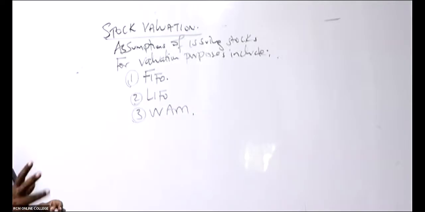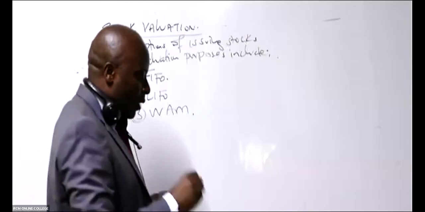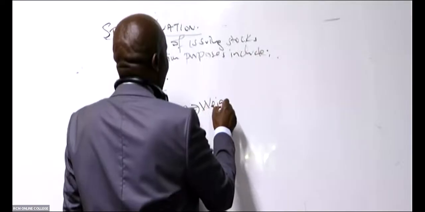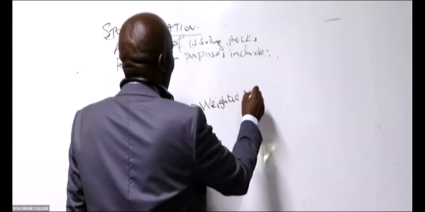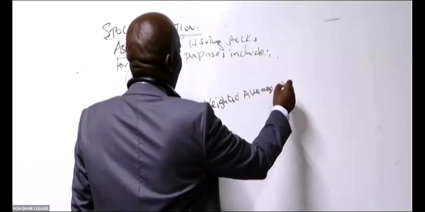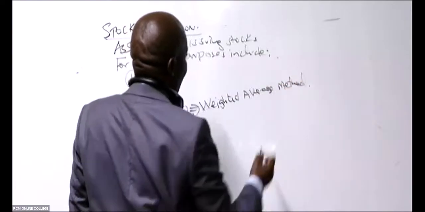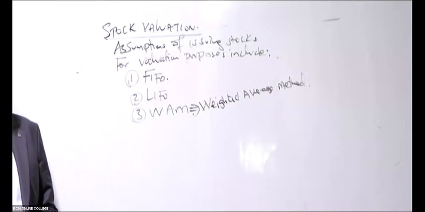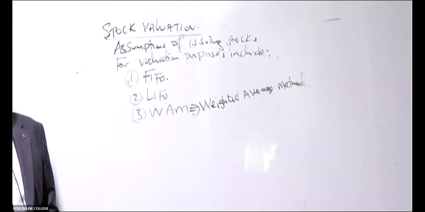LIFO is last in, fast out. And then we have WAM. WAM is weighted average method. So FIFO is fast in, fast out. LIFO is last in, fast out.